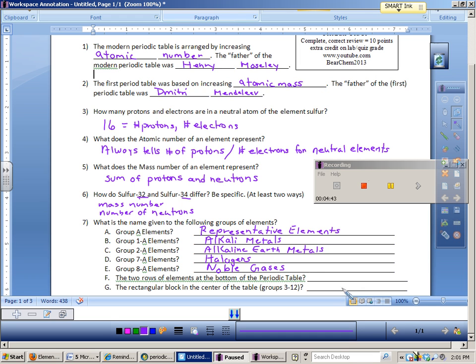The 2 rows of elements at the bottom of the table are known by inner transition metals, but can also be called rare earth metals.